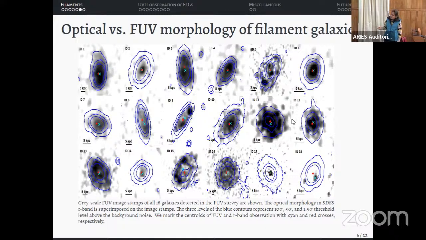These galaxies lie in the outer part of the filament, and galaxies like this were mainly present around 0.6 megaparsec or so. So there is some gas accretion activity going on in the filament, and these galaxies are located in the outer region of it.